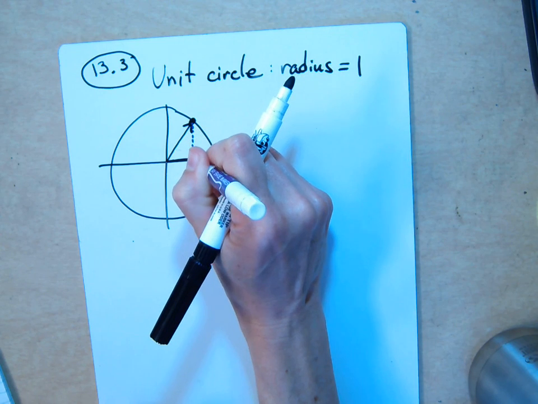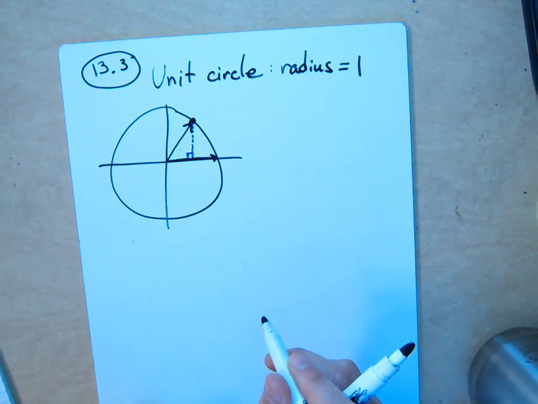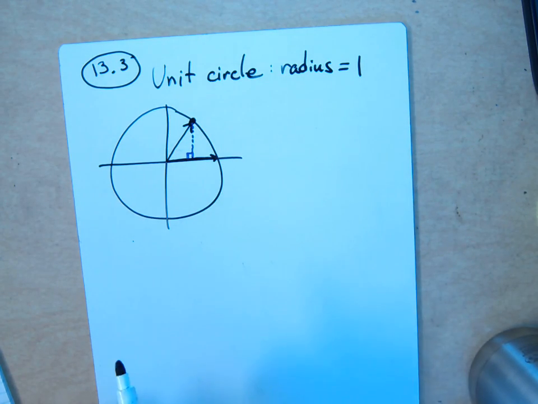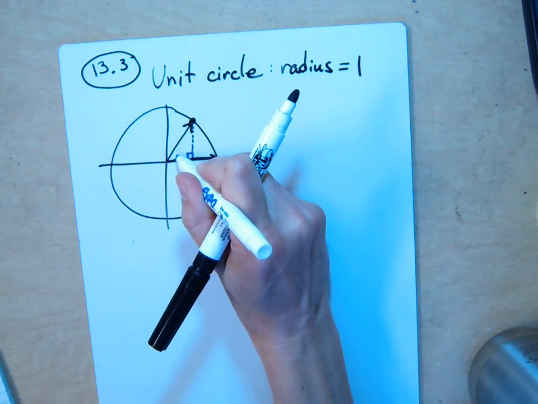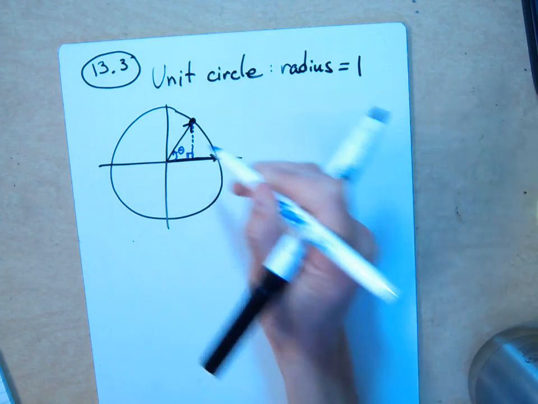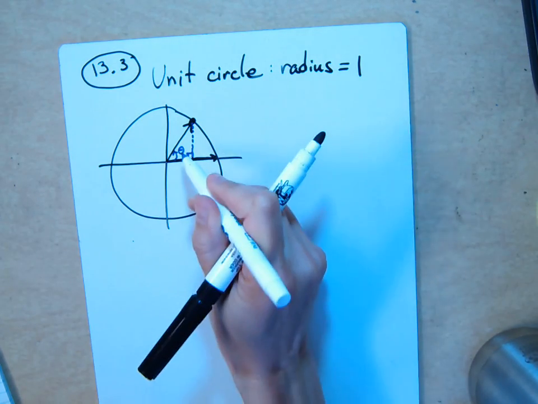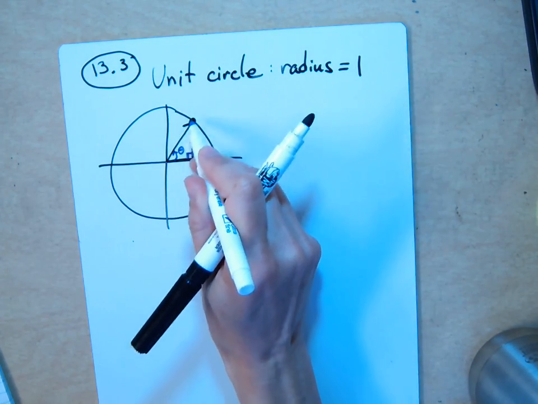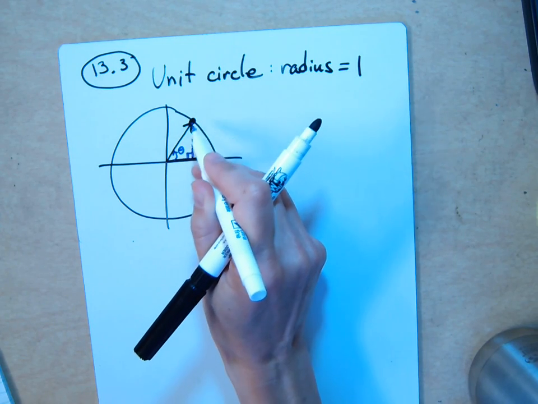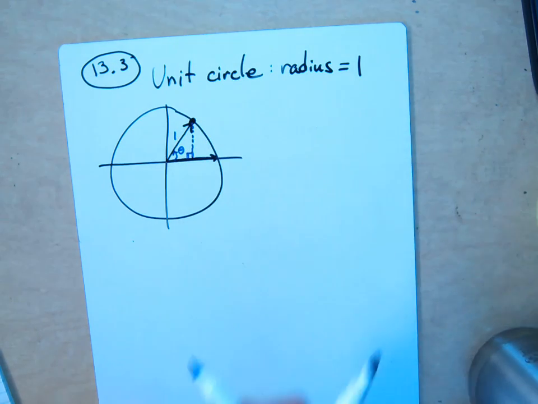We drop the line down to the x-axis. There's our right triangle. This is still theta, right here. We rotate theta. All of that's the same. All of our trig ratios are the same. There's theta. But this side length is 1, if it's a unit circle. It doesn't have to be, but in the unit circle, the radius of the circle is always 1.